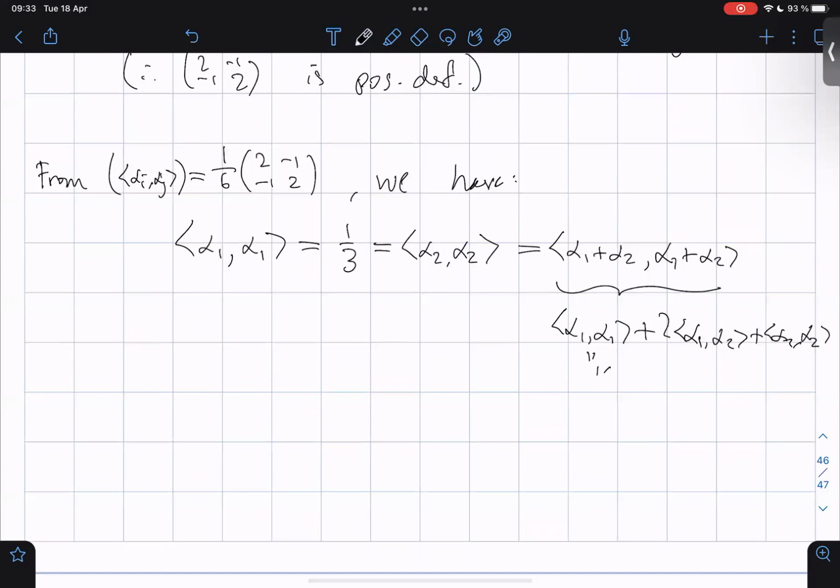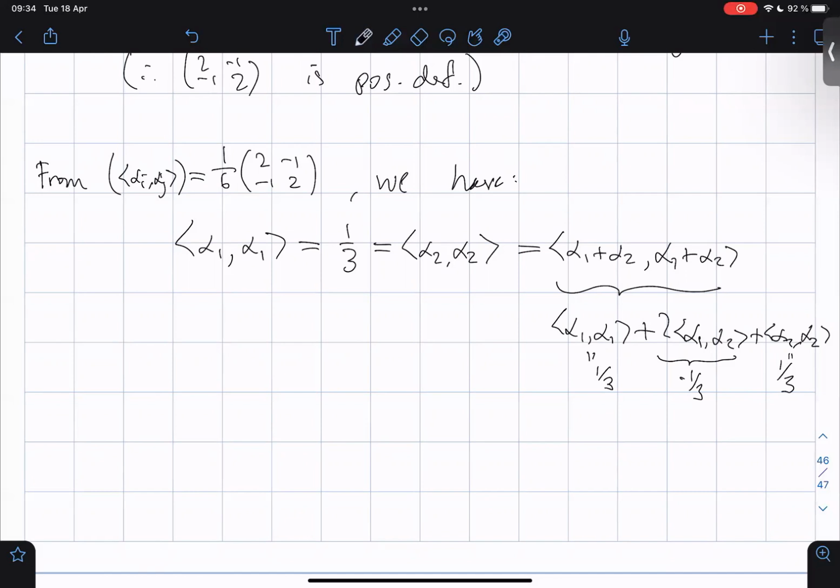This is 1/3, this is 1/3, and this is -1/6 times 2, which is -1/3. So we get 1/3. All of these vectors, alpha 1, alpha 2, and alpha 1 plus alpha 2, are positive roots. You also have their negatives, but this says that all of those roots have the same length, since the inner product of alpha 1 with itself is the length squared.